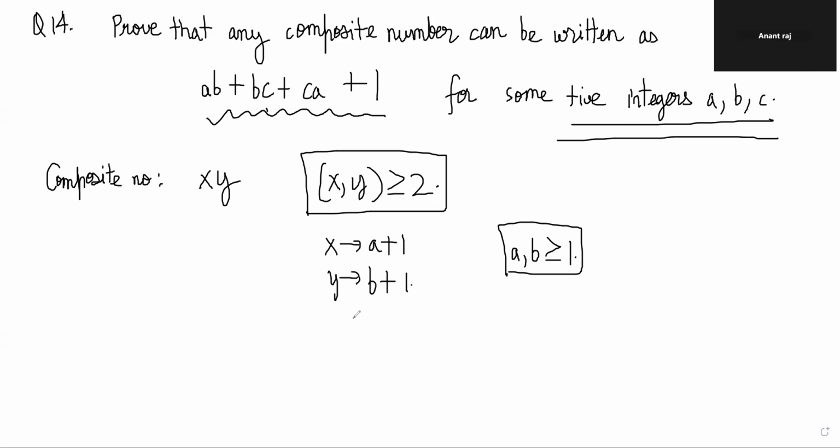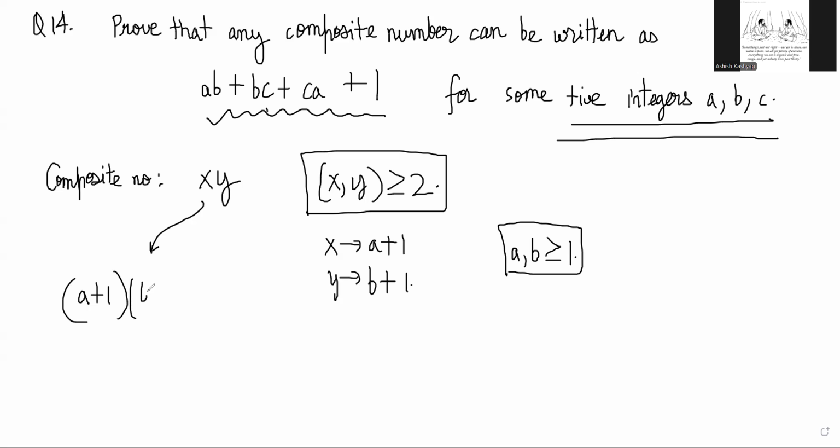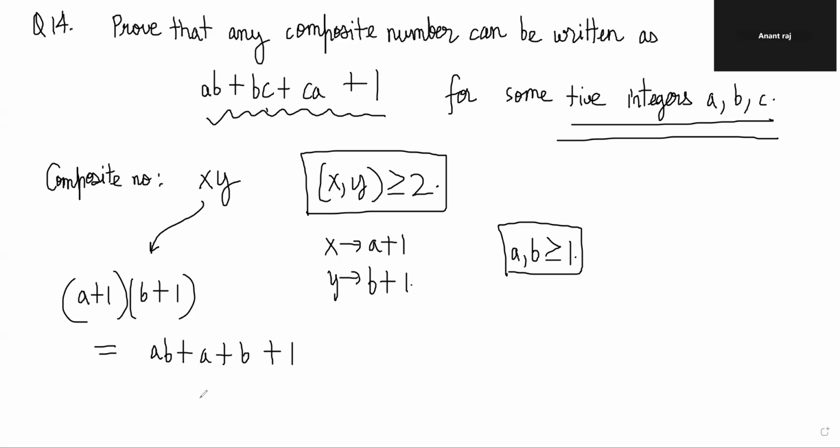Yes, sir. तो ऑटोमेटिकली इस x y को हम लोग ऐसे लिख सकते हैं a प्लस 1 टाइम्स b प्लस 1, राइट? करेक्ट, which is ab plus a plus b plus 1, right? और इसमें अगर इस एक्सप्रेशन में c 1 होता तो वो क्या होता? यही बन जाता.